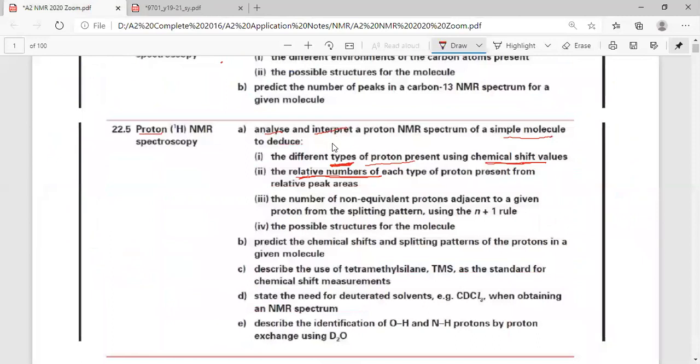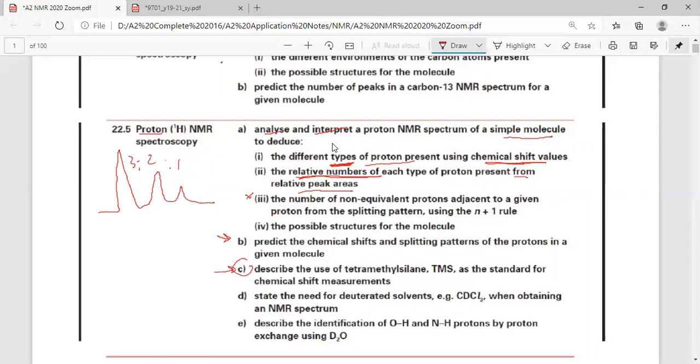From the relative peaks, this comparative is 3 to 2 to 1. Splitting we'll do later.